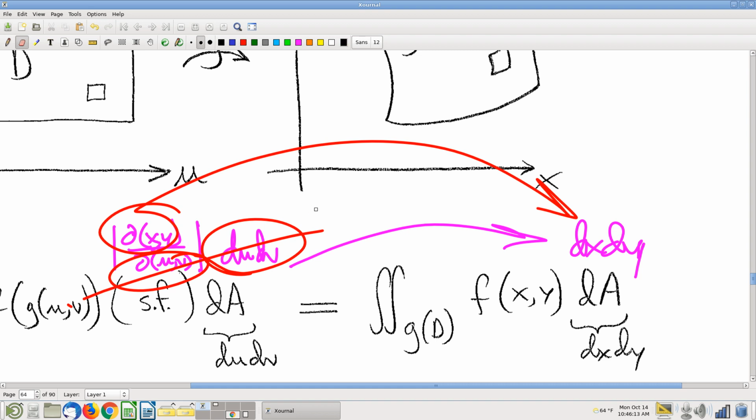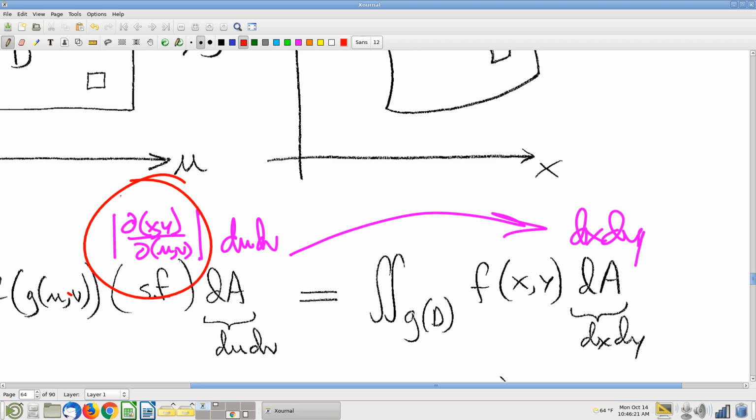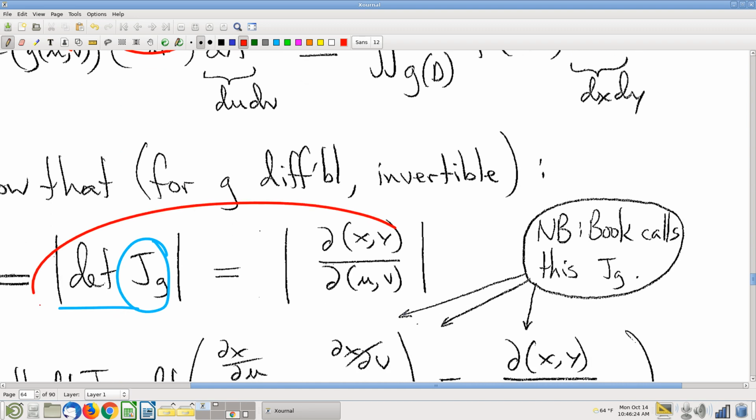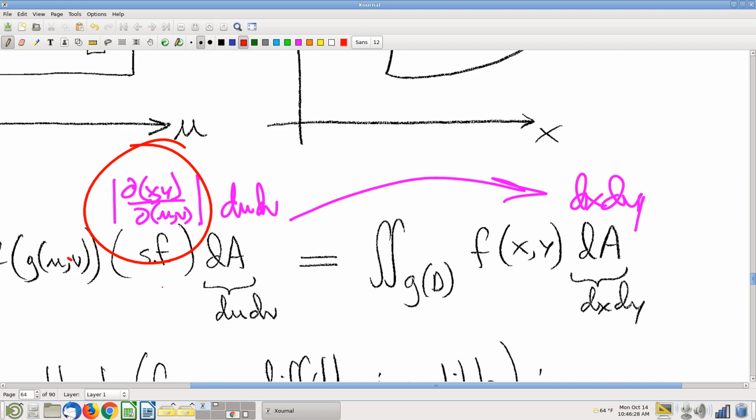Now, this is wildly inappropriate nonsense. This is not a fraction. Right? I'm not saying it's a fraction. I mean, look at it. What is this thing? It's a determinant, for crying out loud. It's not a fraction. There is no actual cancellation here. That's a lie. But it's awful convenient. And it's very satisfying in a way, you know what I'm saying?